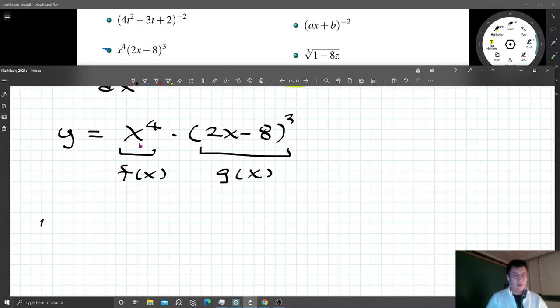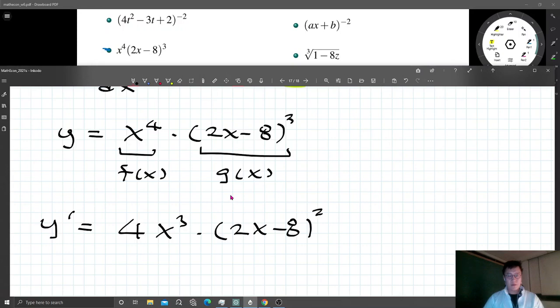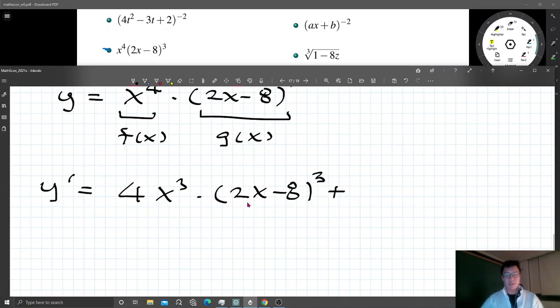So the product rule tells us the derivative of the product is the derivative of the first, 4x to the power 3, and leave the second function alone, plus, now we interchange the order, right? So we leave the first function alone. Now we have to multiply by the derivative of the second.